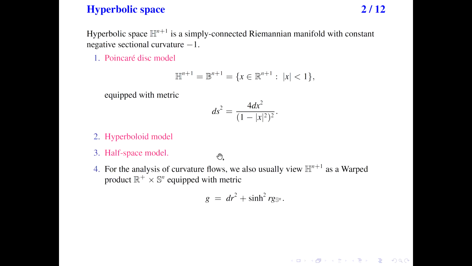For the analysis of curvature flows, we sometimes view the hyperbolic space as a product of R plus with the unit sphere, equipped with the metric dr squared plus sinh squared r times the round metric.